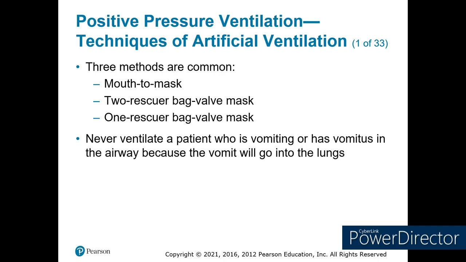With 2 rescuers, you have one person hold the mask on the face, so you have 2 hands holding the mask to the face, which gives you a much better seal, and the other person uses 2 hands to squeeze the bag. The least preferred and the most commonly used is 1 rescuer, where you have one person hold the mask with one hand and they hold the bag with the other.